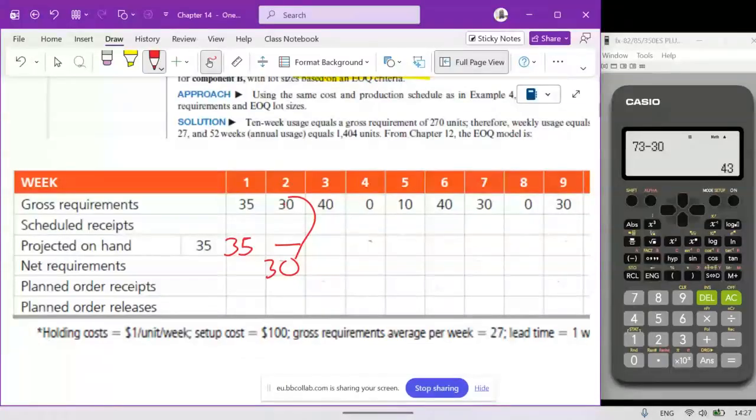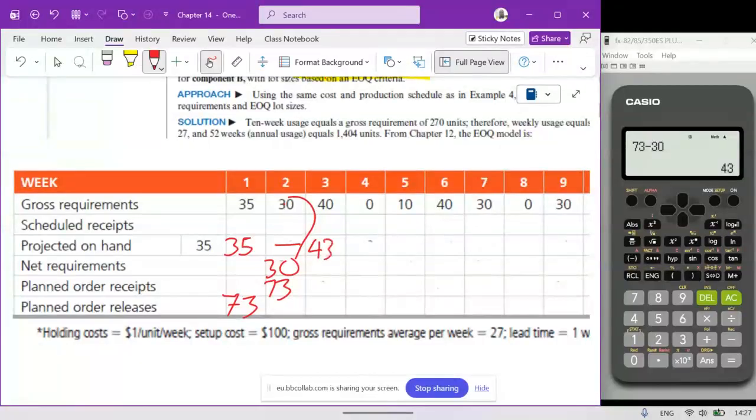Use that 73 to place the orders. It's an economic order quantity. We don't just order what customers want, we order extra. Then we carry the cost. 73 minus 30, which is 43. We carry the cost.